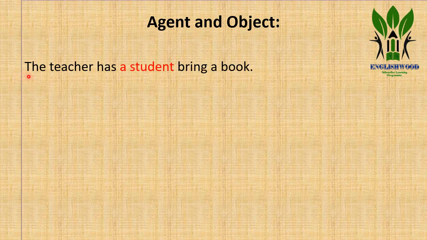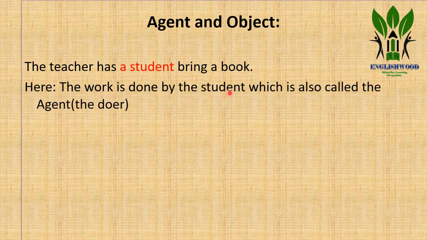For example, the teacher has a student bring a book. Here the work is done by the student, who is called the agent. The agent is someone who is made to do something. So here the work, bringing a book, is done by the student, not by the teacher. Therefore this is called the agent, or the doer. The subject does not do anything here.